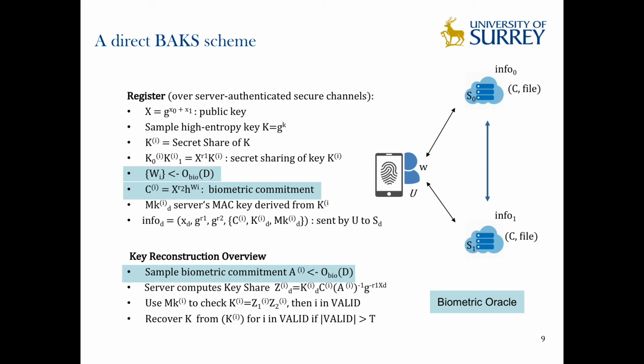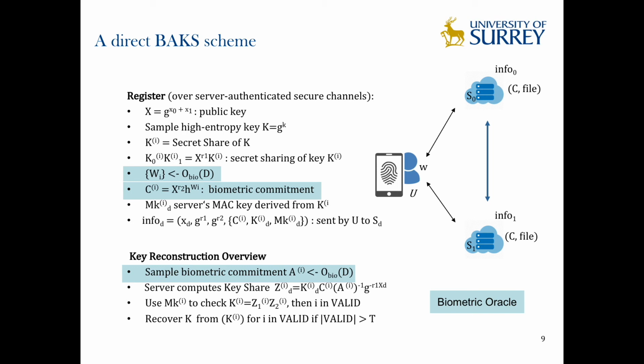It samples a high entropy symmetric key and computes secret shares Ki of this key K. It then further splits the shares Ki in a 2 of 2 secret sharing scheme between each of the servers. It computes a message authentication code for each of the shares, which will be used later to identify which parts of the biometric match. Finally, it samples and commits a biometric template from the user and sends all relevant components to each of the servers.